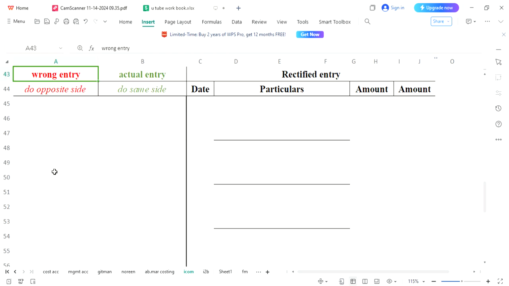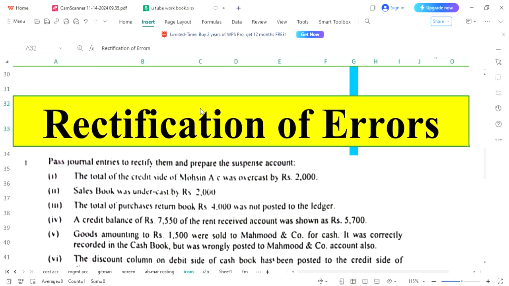First entry, let's put the date first, and instead of dates they have provided numbers. Total of credit side of Mohsin. As its name suggests, it has not been decided whether it's debit or credit. That is why credit side is already mentioned.